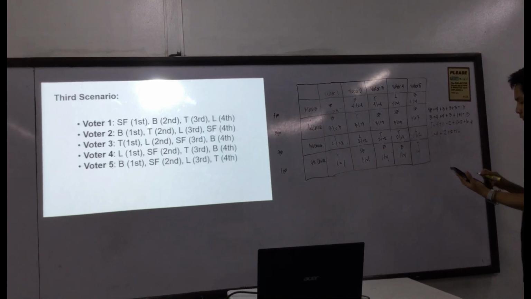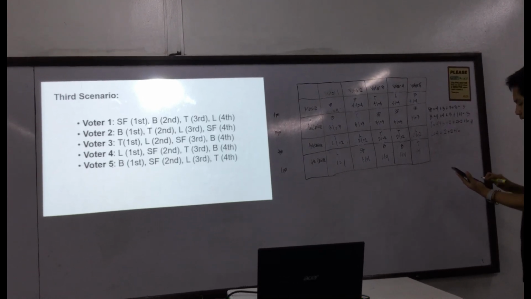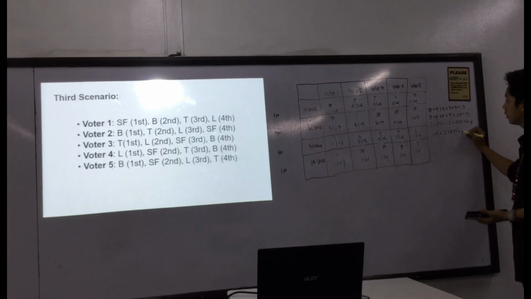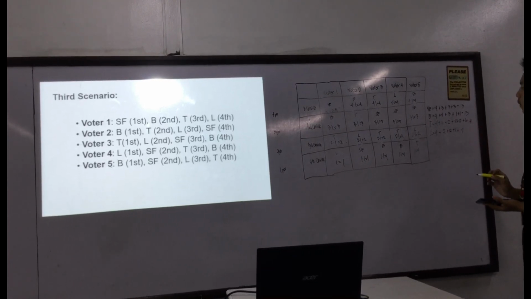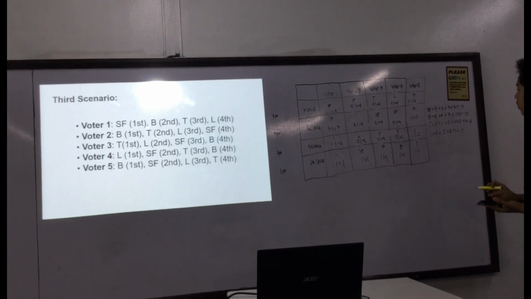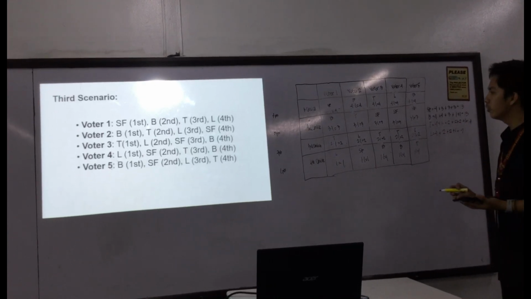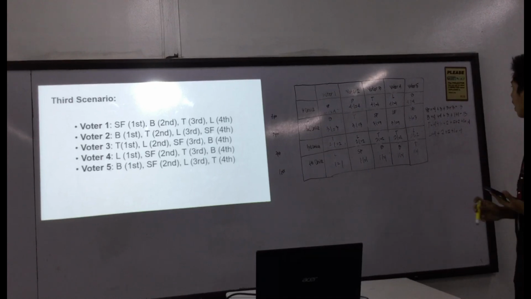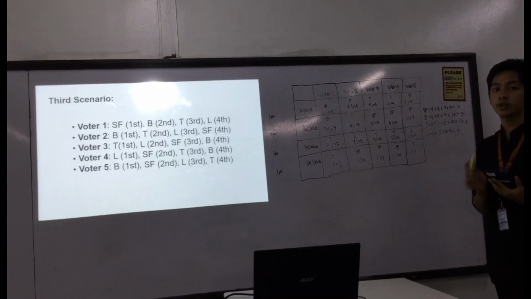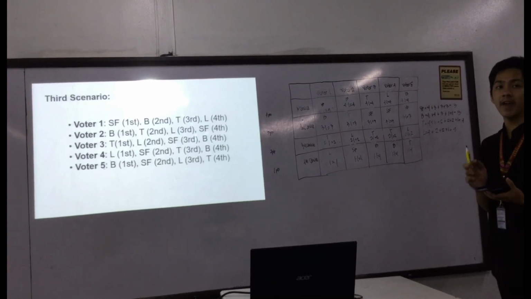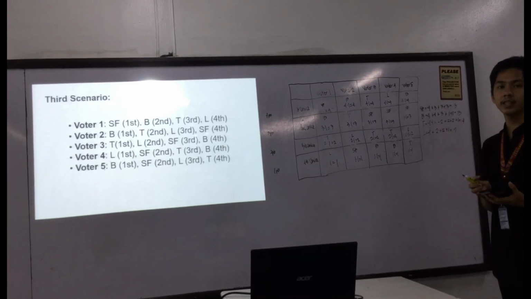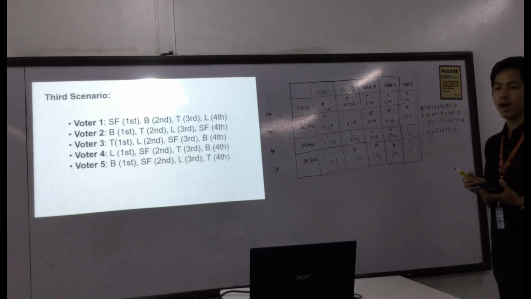Then 4 plus 2 plus 2 plus 1 is equal to 9. So now, as you can see, Tokyo has the highest score, which means that Tokyo is the venue for the health conference of the multinational company.